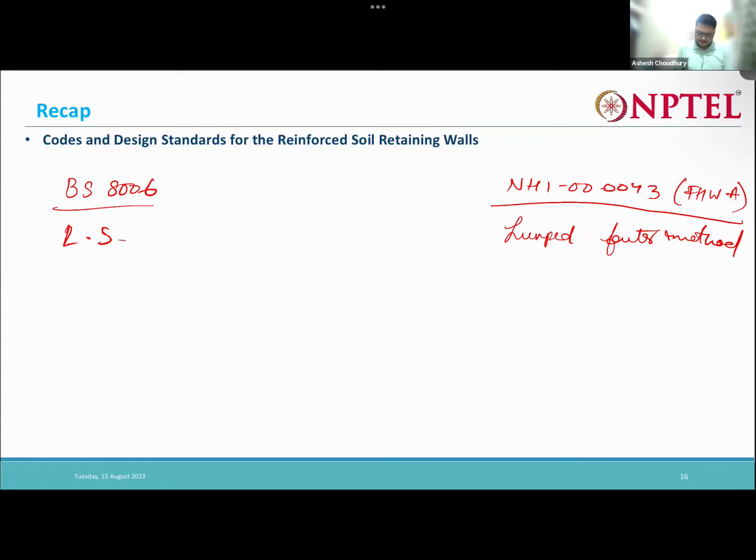But the main difference is that BS 8006 does not consider the seismic effect, while the FHWA considers the seismic effect.